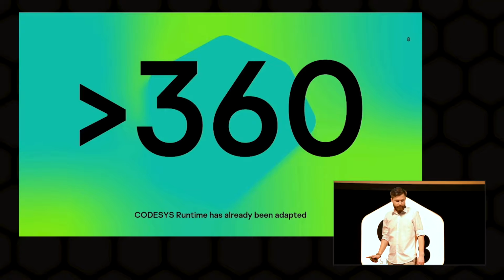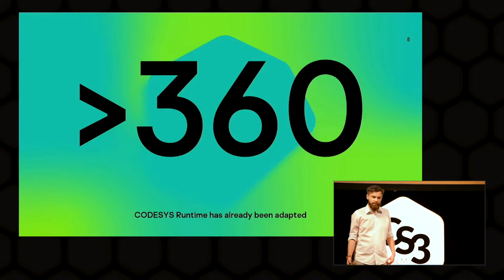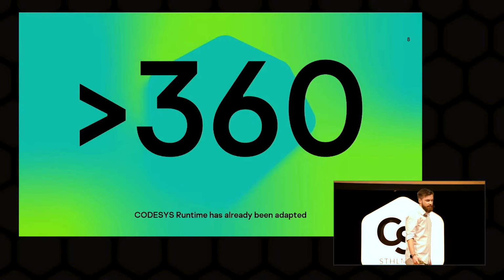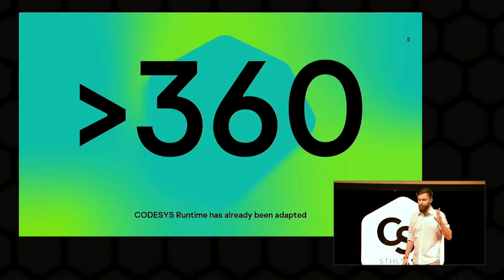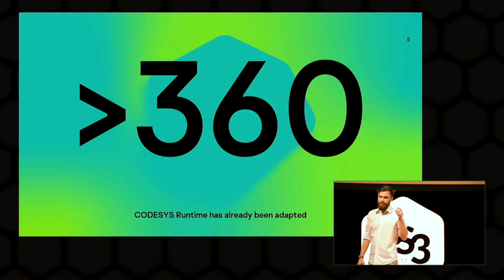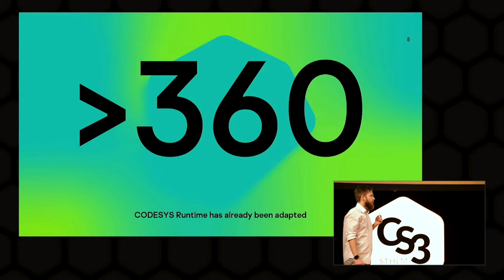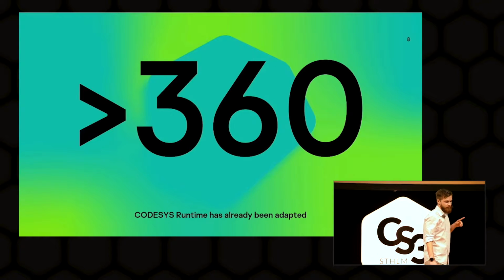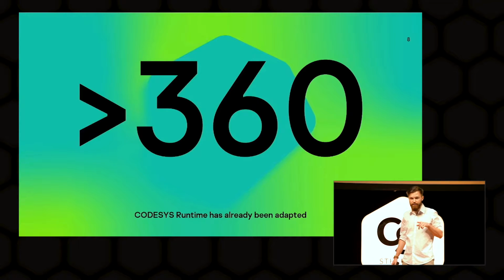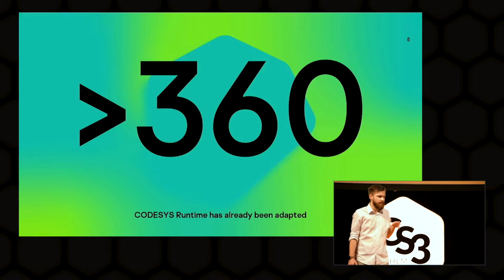For today, CODESYS Runtime has already been adapted for more than 360 devices, and I want to emphasize three points. First, the CODESYS group has adapted at least 20 devices by themselves. 20 devices from 360 is less than 6%.